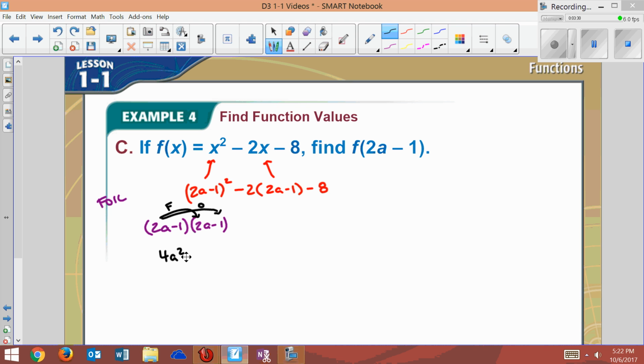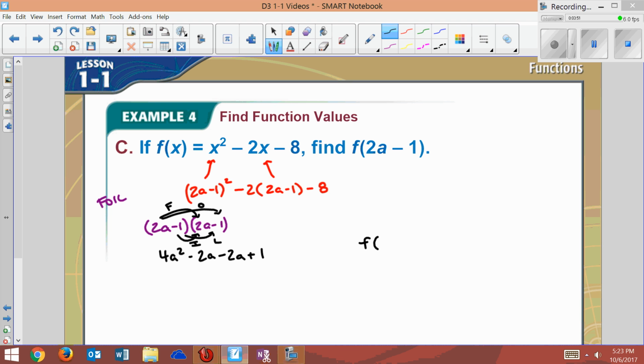So 2a times negative 1 is negative 2a. And then we go here, and that's the I, inside times inside, and we have another negative 2a. And then finally, the last one, last times last, which gives us negative times a negative is positive. 1 times 1 is 1.